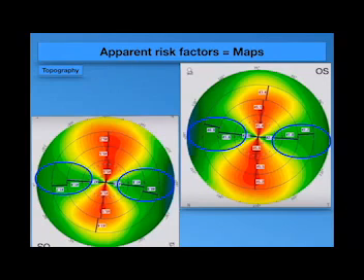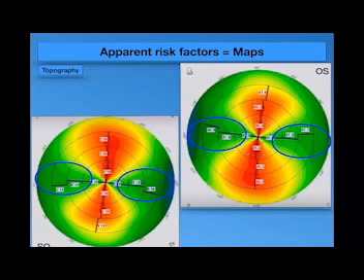This is called the I-S, I inferior, S superior, I-S value. In some printouts, it's called inferior superior asymmetry, ISA, or the index ISI.